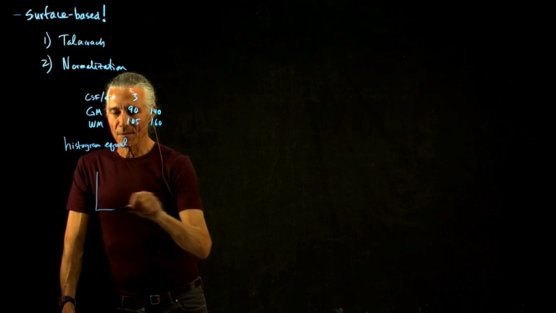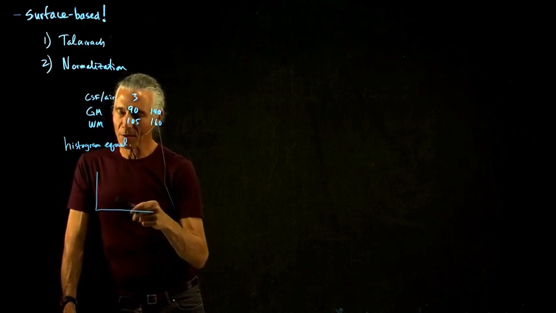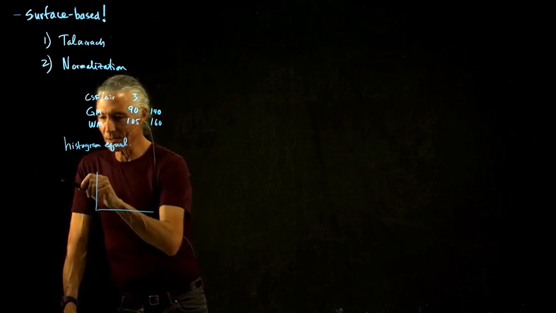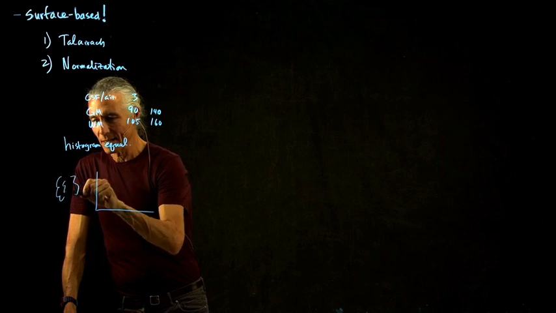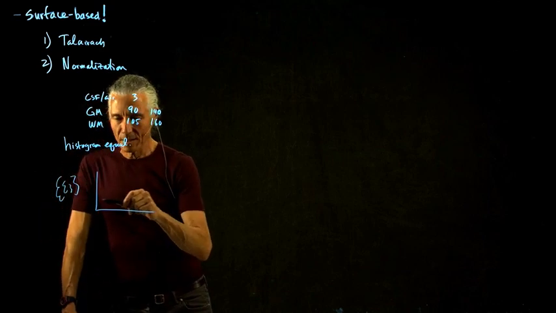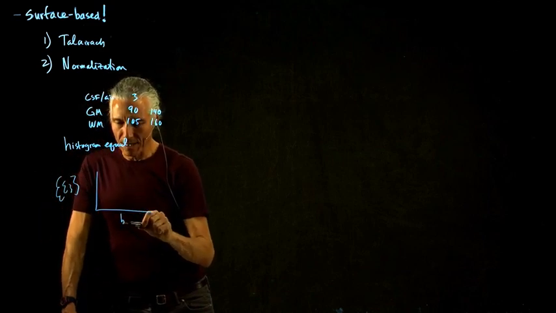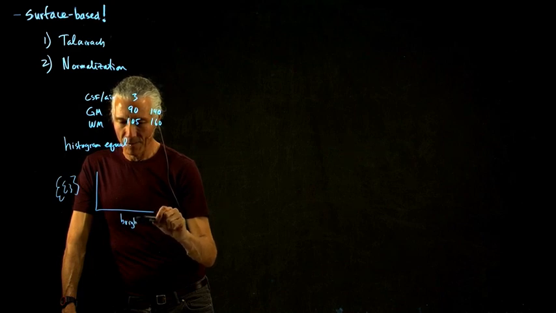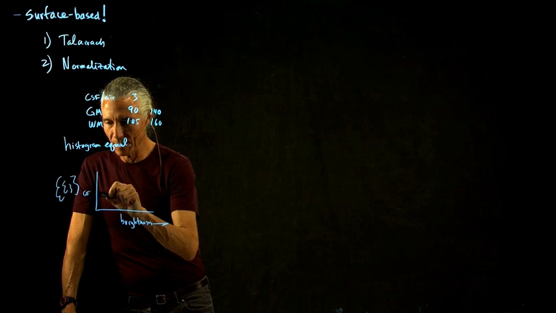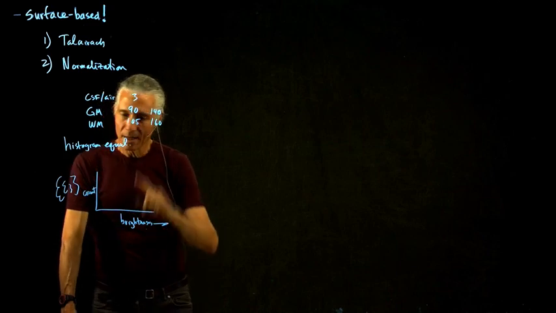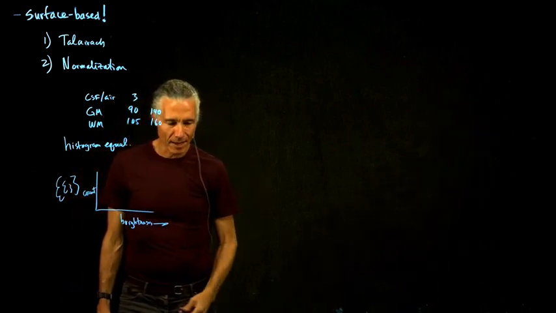And what is that? Well, you just plot out a histogram of all the pixels in a slice. So you take a slice like that, and then we plot out a histogram of the brightness of each pixel. So that's the brightness, and this is just count, how many. If you make a histogram like that, what will it look like?